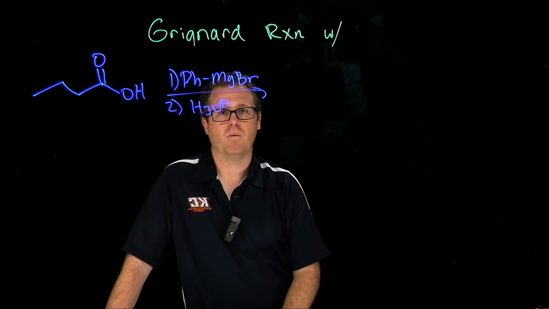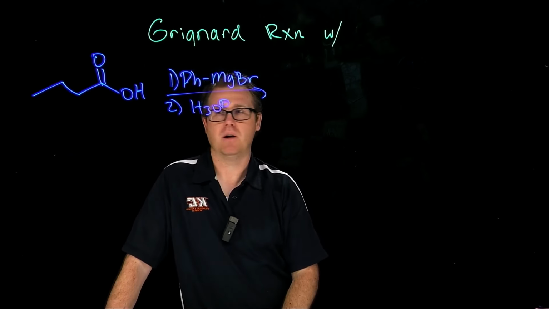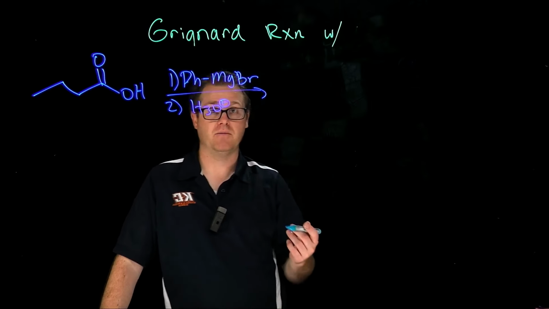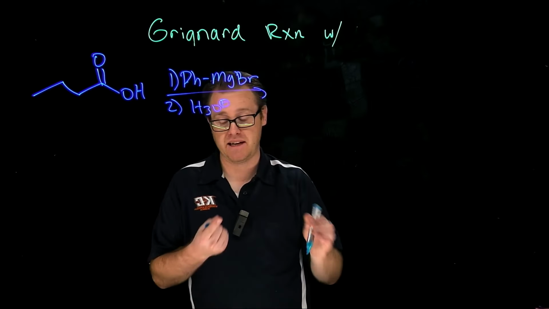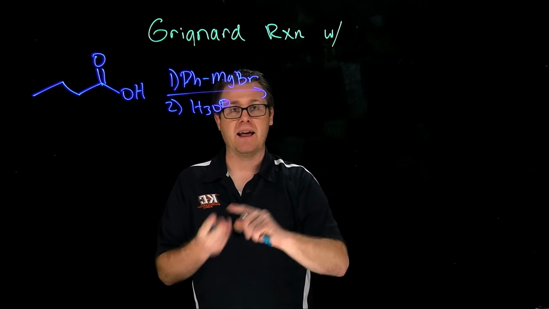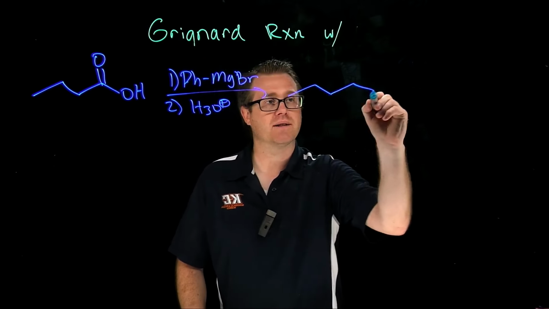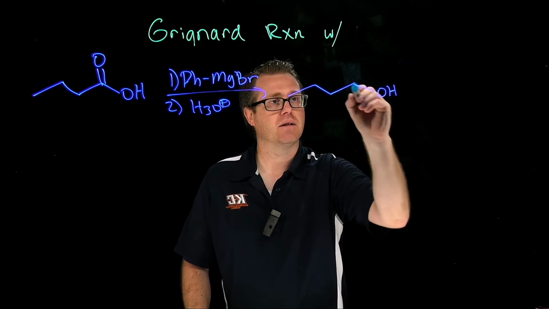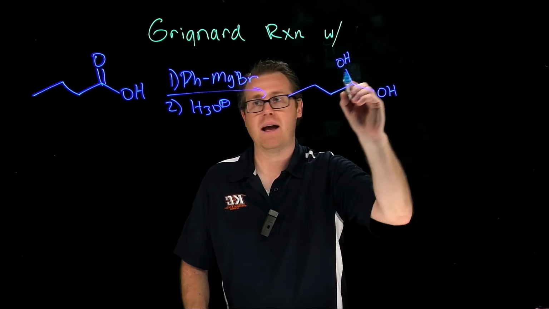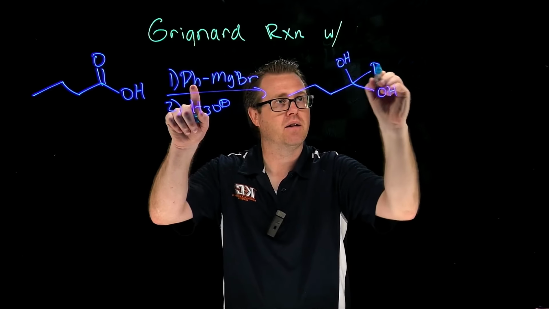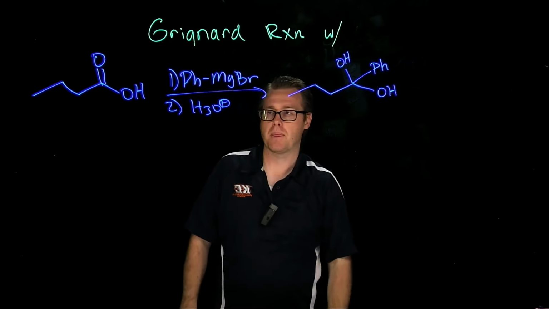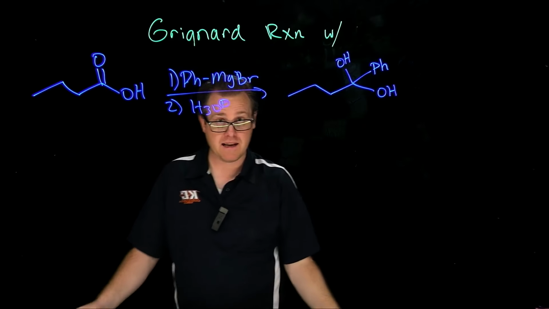What would we expect to happen? Well, what do we want to happen? We want it to do the same thing that we've seen with ketones and esters. So we would want something that looks like this. And then this phenyl would come in like that.